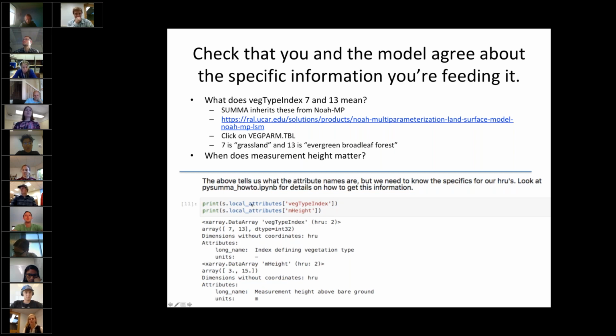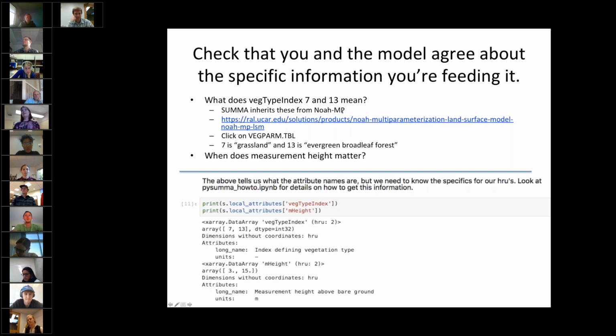So you can do print local attributes and name what you want to see the attributes of. I get the first one, an HRU of 2, and the first is an array of 7 and 13, and that defines vegetation type. You say, okay, 7 and 13 mean nothing to me, right? So up here at the top, veg type 7 and 13, you can look in the documentation on SUMMA.